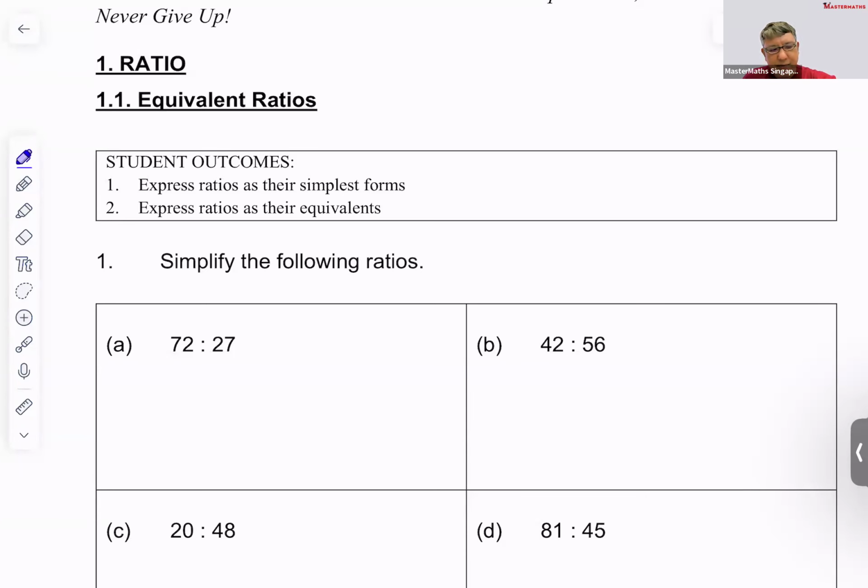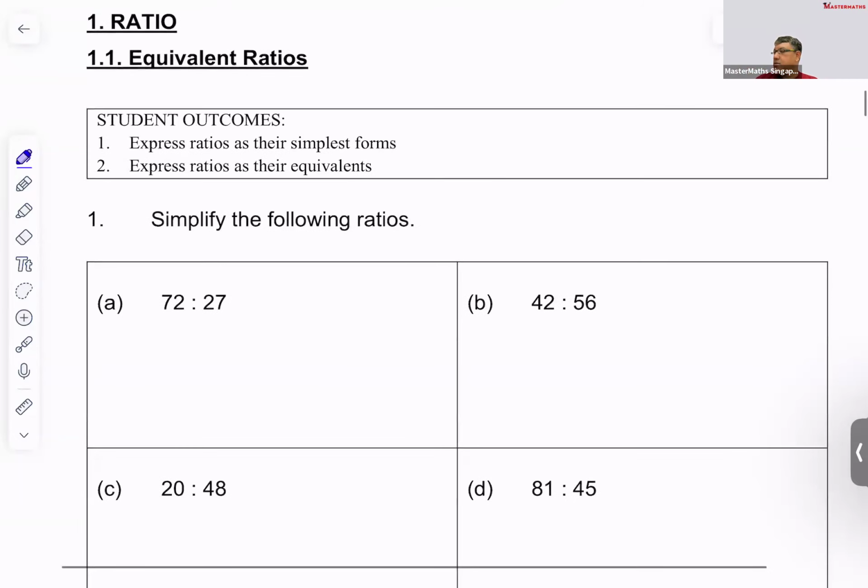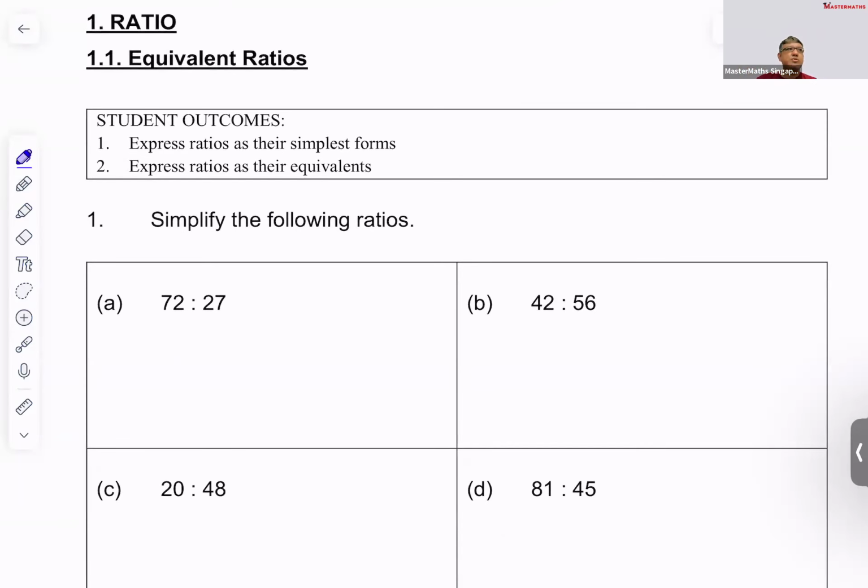I want you to think again because ratio is a very, very powerful tool. You know, like model drawing is a tool to solve your word problem. When you draw your model, more than, less than, greater than, it's to find the units and all that. So ratio is a very powerful tool to solve your word problem. If you know ratios very well, you can use it to solve word problems very easily. That means you don't need to draw models.